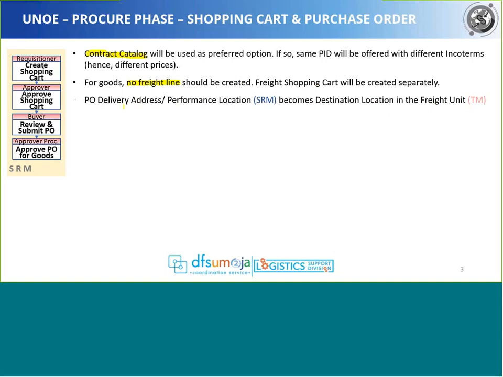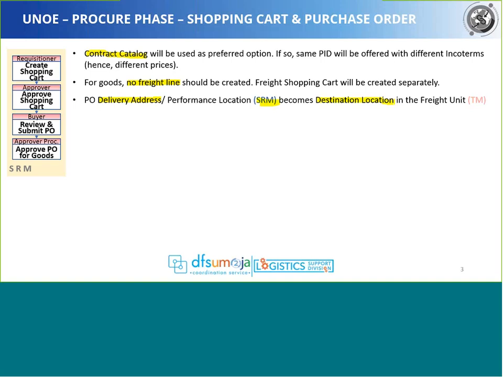Then the delivery address in the shopping cart and in the PO that appears in SRM is the key field for the new transportation management module. For the transportation management module, this delivery address will become the final destination in TM.